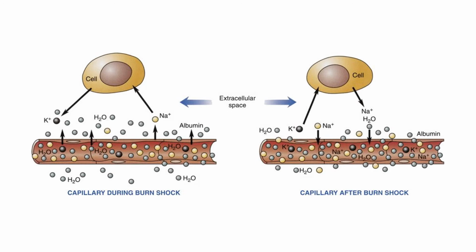And if we look over on the right-hand side, this is when we know adequate fluid has been restored for a burn patient. As you can see, the sodium enters back into the intravascular volume, albumin, potassium moves back into the cell, and water and sodium move back into the intravascular volume.